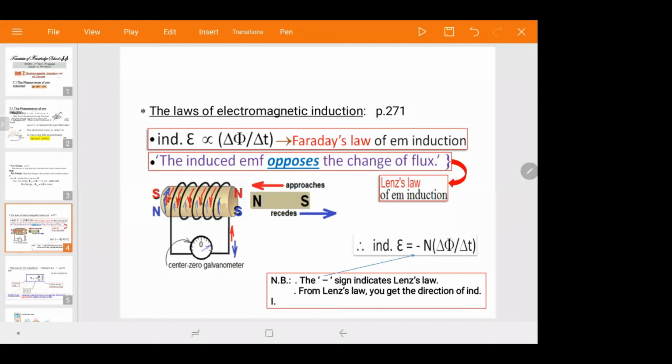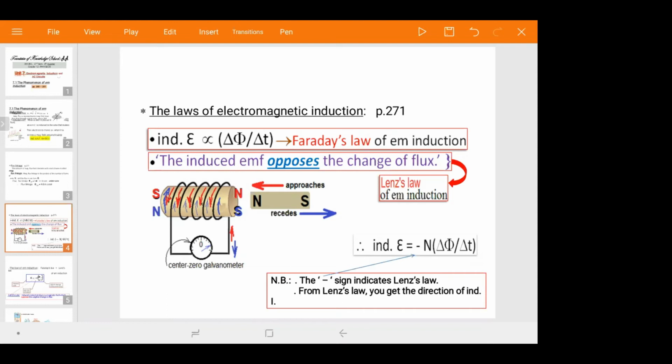Now you go over to the right-hand rule we discussed last time. If a north pole is induced here, how does the current flow? Well, the right-hand rule for the induced magnetic field of a coil: you extend the thumb of your right hand in the direction of the north pole, and you hold the coil in your right hand.